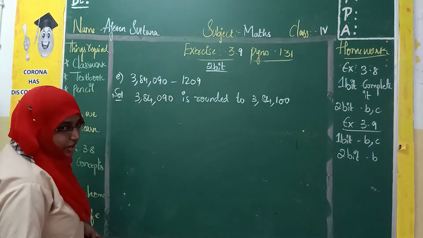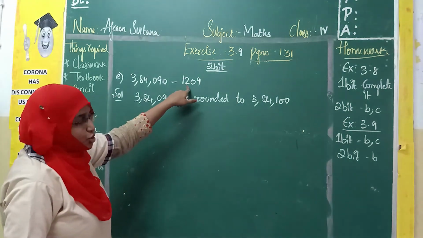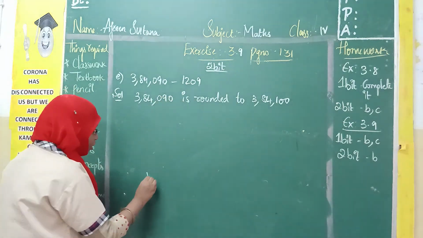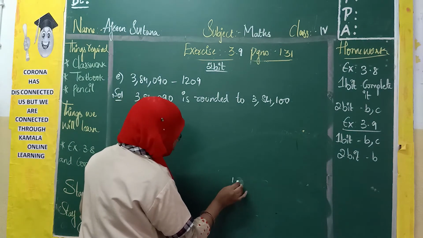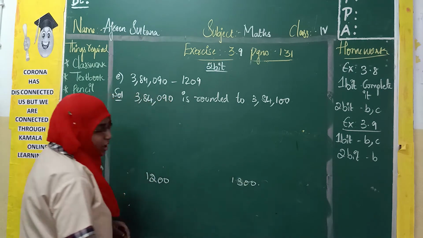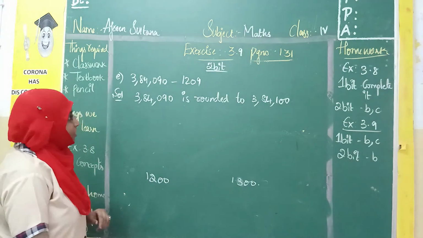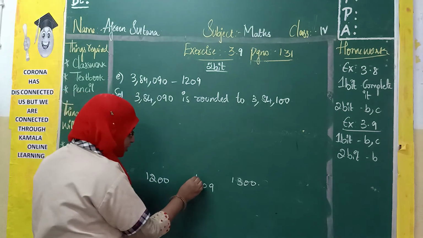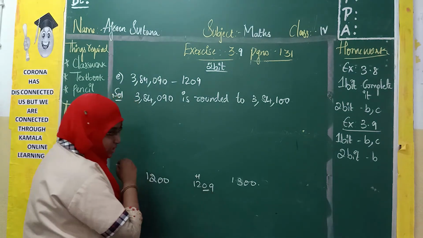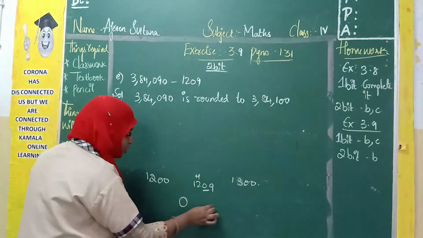In a similar way, next is 1,209. At the hundreds place there is 2. So this value lies between 1,200 and 1,300. Now the value is 1,209. Whenever we are rounding to hundreds, we consider the digit at the tens place, that is 0. Now we will compare 0 with 5.